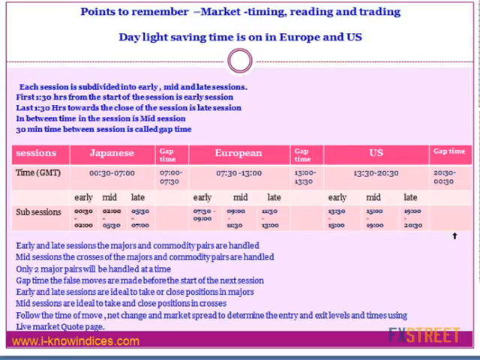Okay, these are all the market timings. Understand that in the early and the late sessions, they handle the majors, and in the mid sessions, they handle the crosses. So now we are in that mid session, 5 GMT to 5:30 GMT. Afterwards, they will make quick moves in the late session in the case of majors. At that time, you try to identify the type of moves they are making.